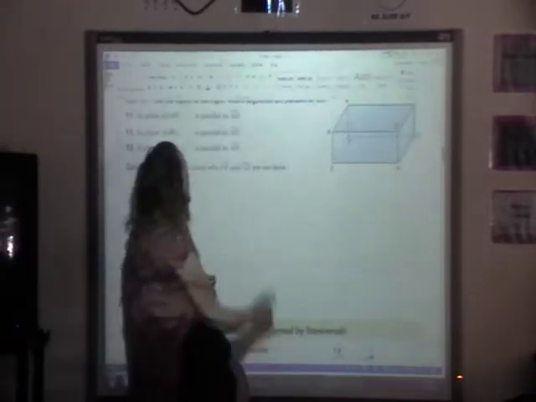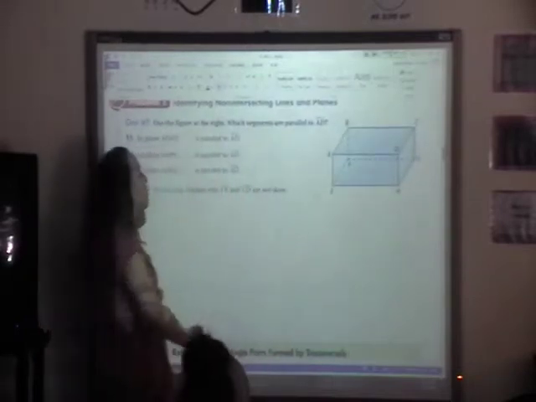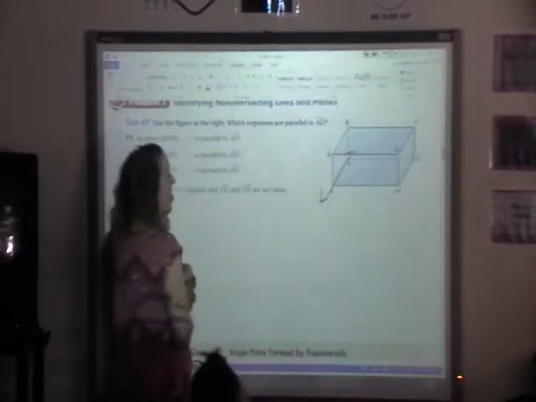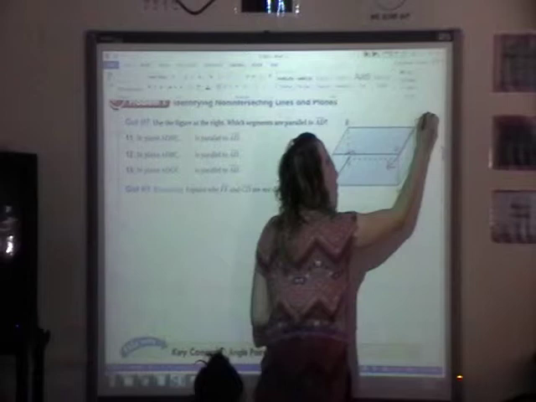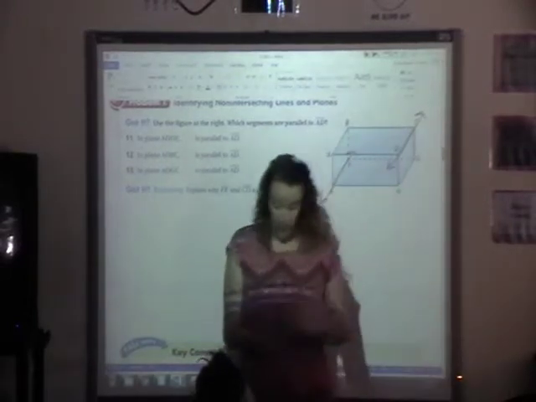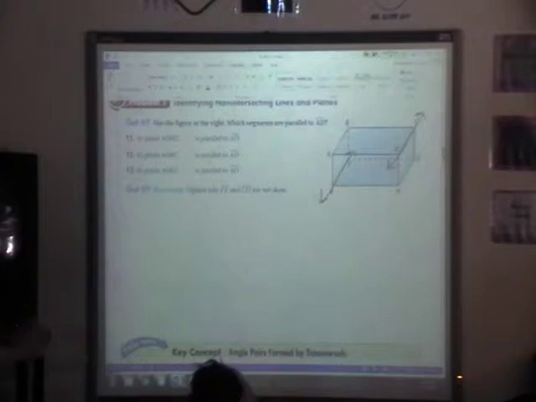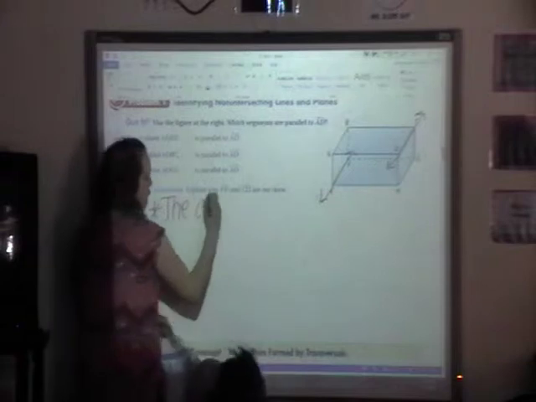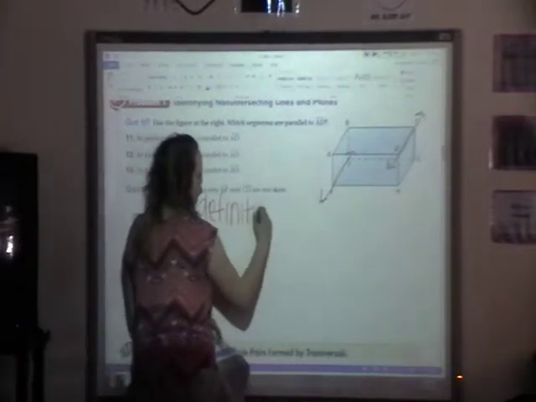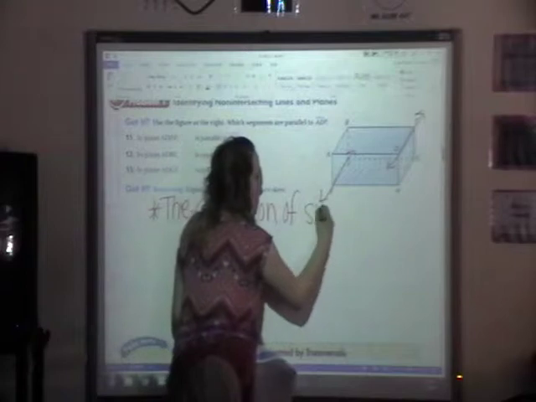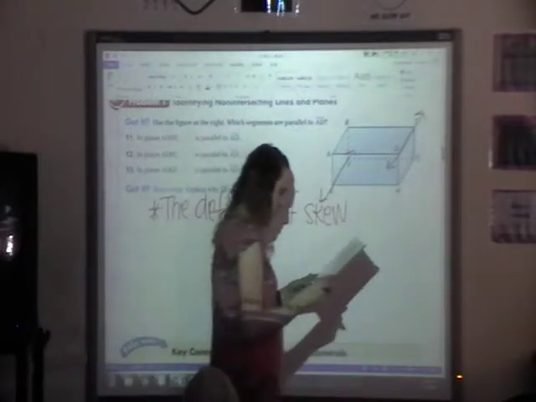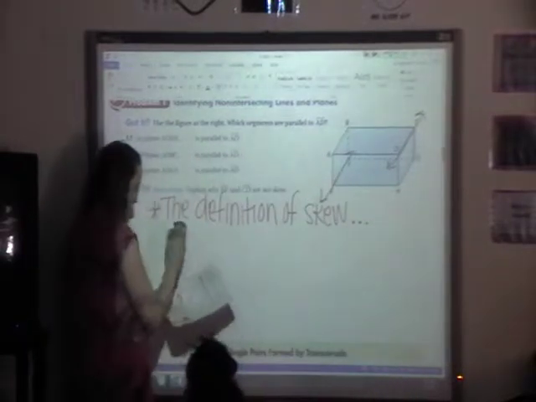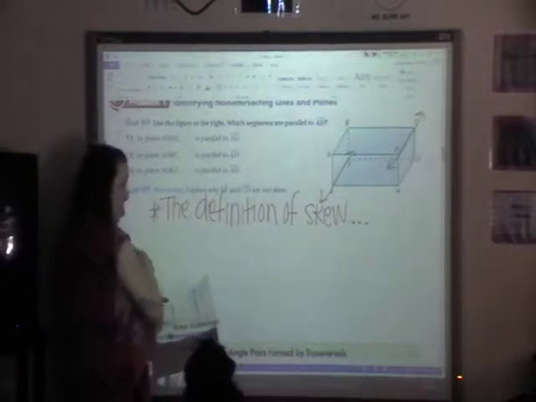Okay, so it says explain why FE, let's draw that, why FE and CD are not skew. Why are they parallel? The definition of skew.